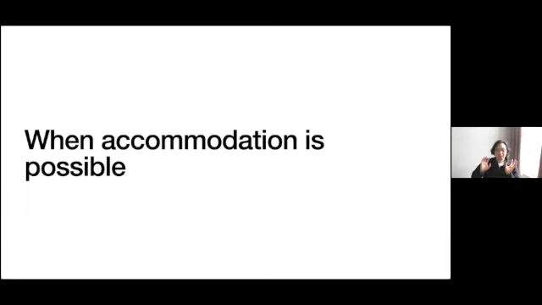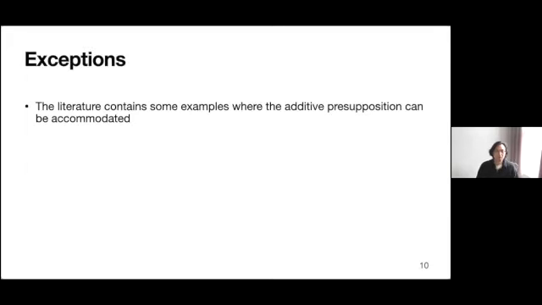Okay, so good. We want to argue against the anaphoric theory first, and our empirical criticisms come from cases where you can accommodate the additive presupposition. So let's look at some examples or exceptions. Already in the literature, you can find some examples where the additive presupposition can actually be accommodated, unlike in Kripke's original example.